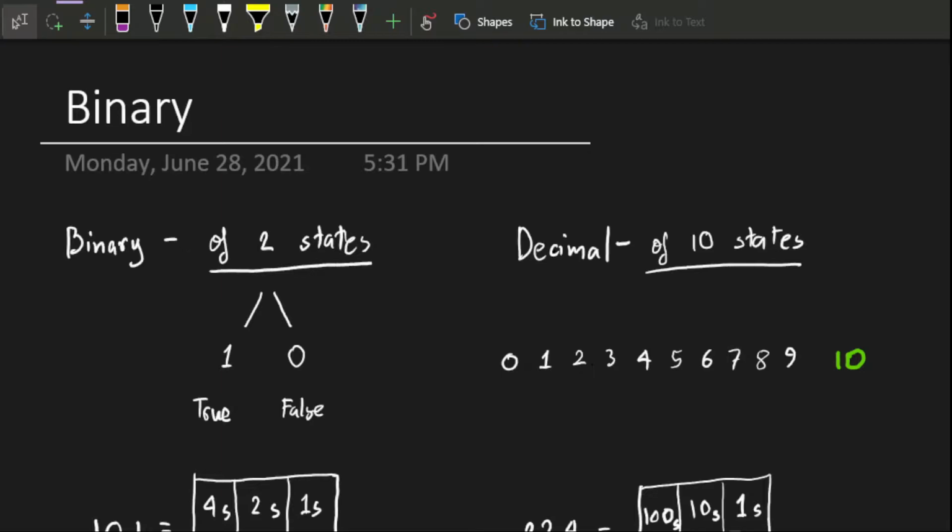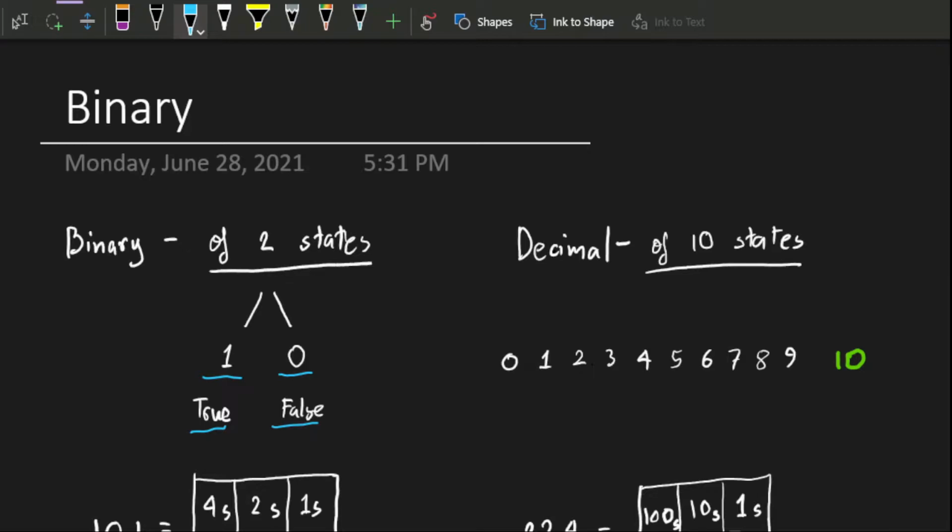So binary has two states, one being 0 and 1. These two states can be represented as true or false values, on or off, or any way you want to represent them. We are not exactly familiar with the binary system.